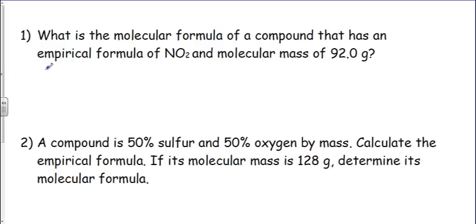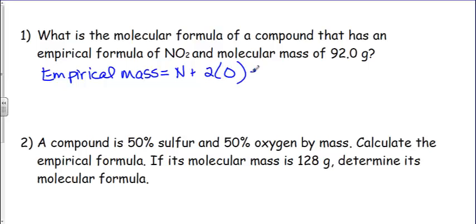We have an empirical formula of NO2, so we need to know the empirical mass, which is the nitrogen plus the 2 oxygens, approximately 14 plus 32, which gives us 46 grams. Now the molecular mass is 92 grams. So how much larger is that than 46?